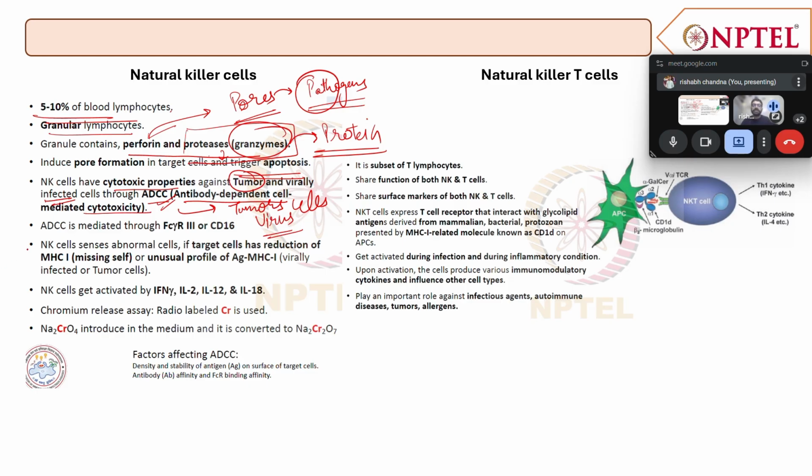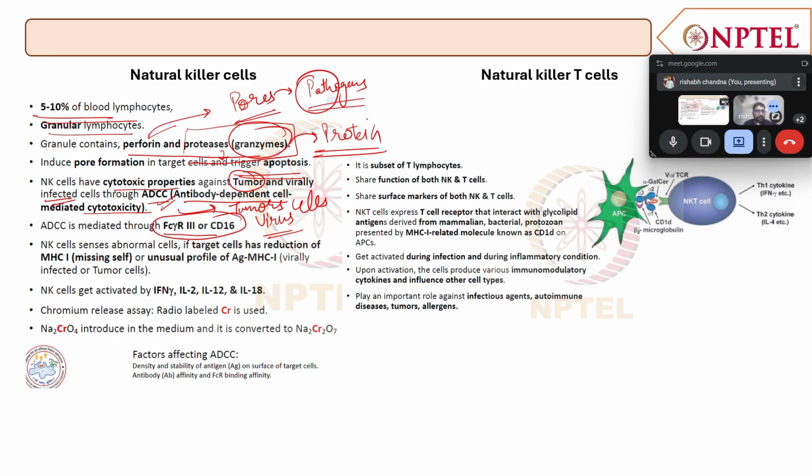ADCC is mediated through one receptor, that is Fc gamma R3 or CD16. This is the name of the receptor present on the NK cell, so that the antibodies that can bind to the tumor or virus infected cells can directly bind to the Fc gamma R3 or CD16.